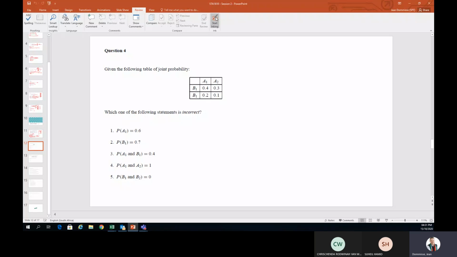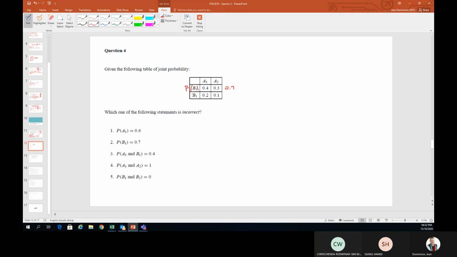When I see this in the exam, I would first start completing. I know that the probability of B1 will be those two added, so it's 0.7. Obviously here was a mistake. That should have been B2, otherwise we are looking at the same thing.